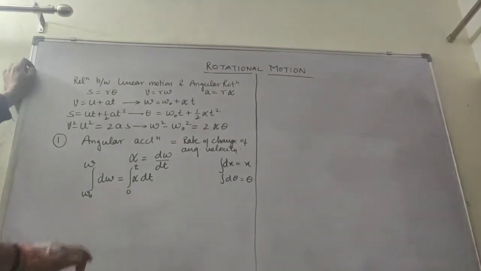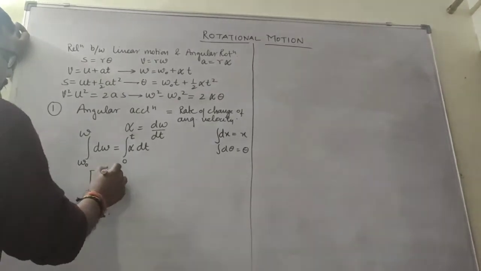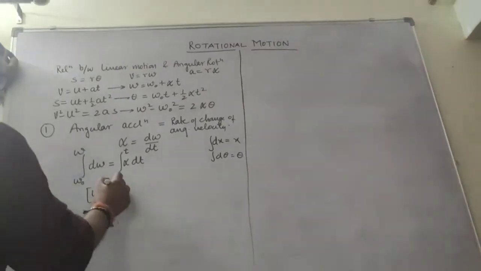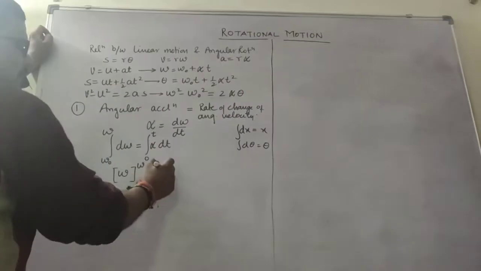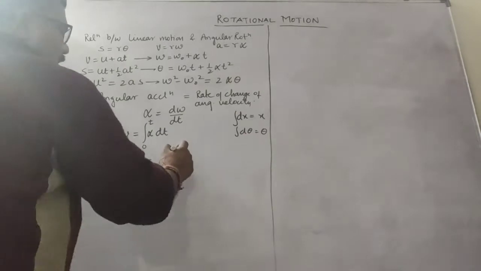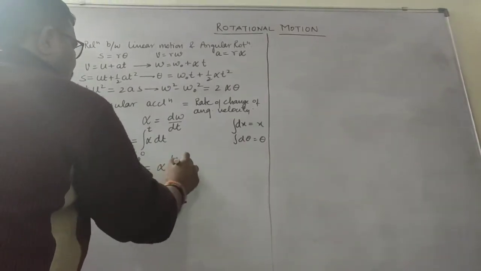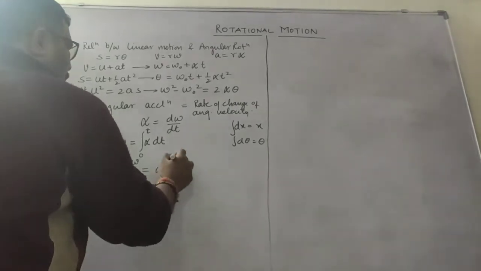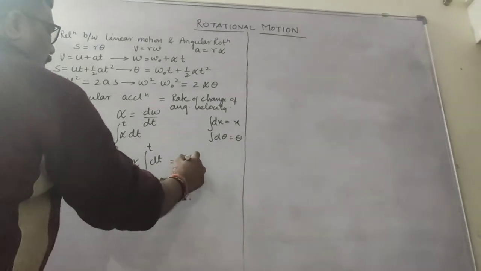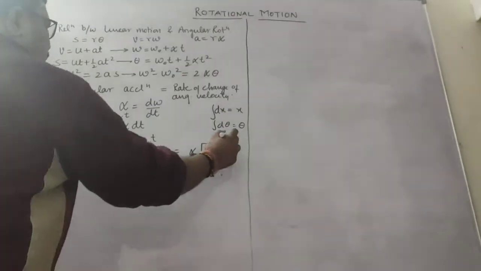Now integrate this d omega. Integration of d omega is omega, from omega naught to omega. Alpha, angular acceleration, is not depending on time, so I am taking it outside. Integration of dt, I am doing it stepwise, from 0 to t.